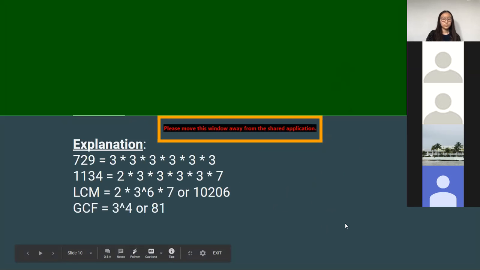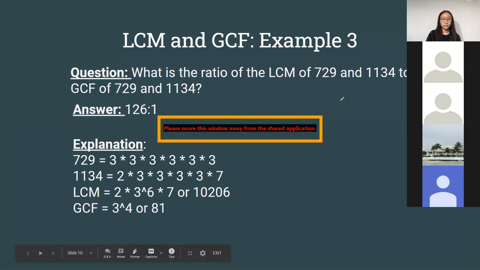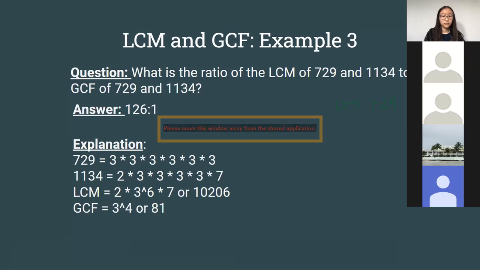So the LCM of 729 and 1,134, multiplied by the GCF of the same two numbers, equals the product of the numbers.